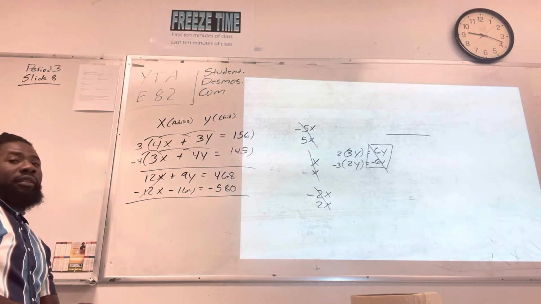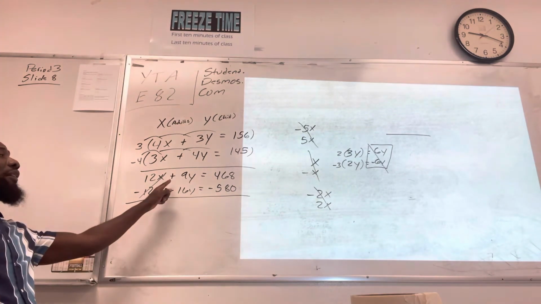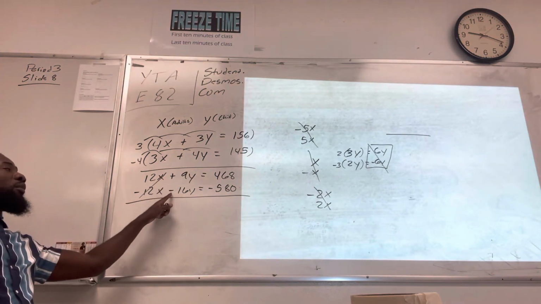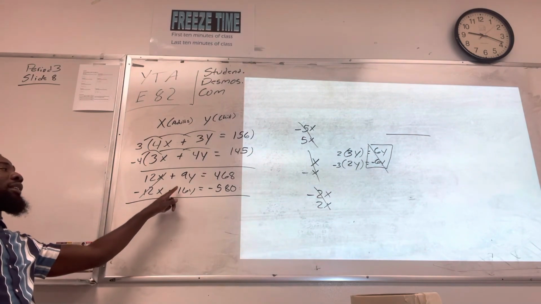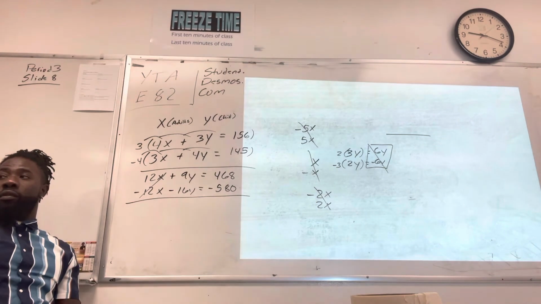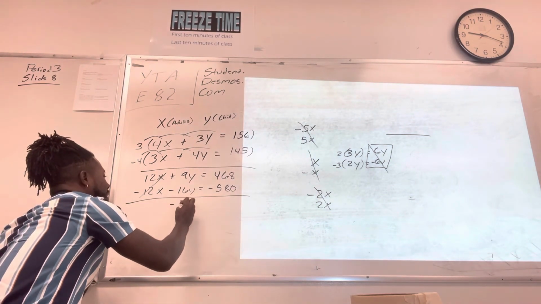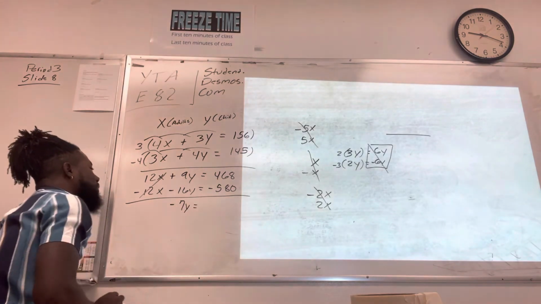Negative what? Oh, so close. If you have $9 but you owe me $16, after you give me what you have, how much do you still owe? There we go. Negative 7y is correct.